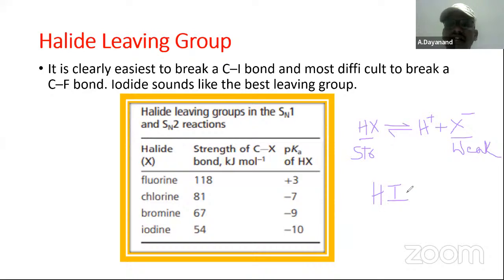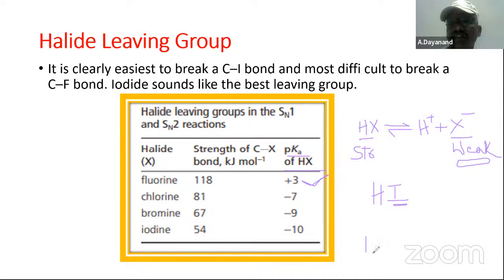If the acid is strong, we know that HI is a strong acid, then HCl. Therefore, depending on the pKa values, a low pKa means it is a good acid, so its conjugate base is a weak nucleophile. A weak nucleophile means an easy leaving group. Cl minus is a stronger nucleophile, therefore it will not be replaced easily by iodide.